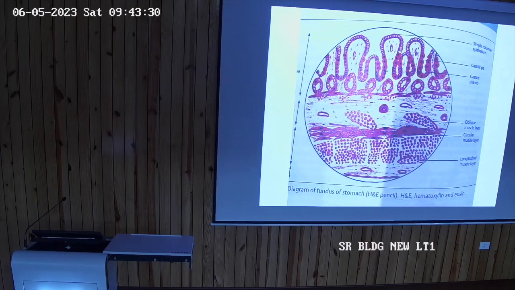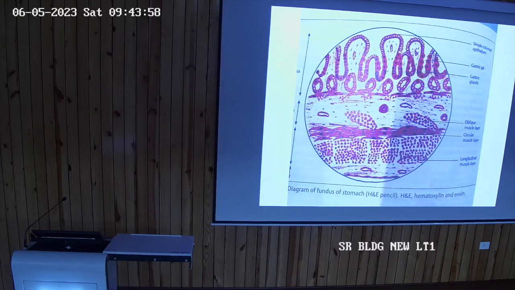We eat food, maybe bulky or whatever type. That food is first acted upon by the parietal cells of the stomach, which convert the food into chyme. Chyme is a smooth mass or pulp. Over that pulp, the other enzymes or hormones will act. So that is the action of the parietal cells.